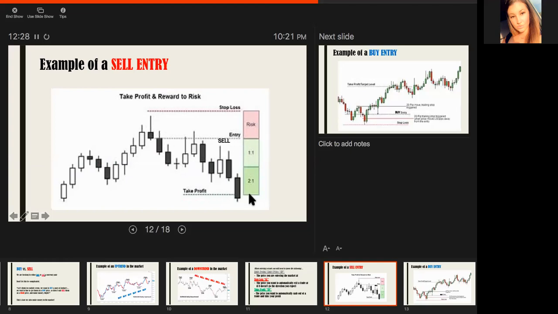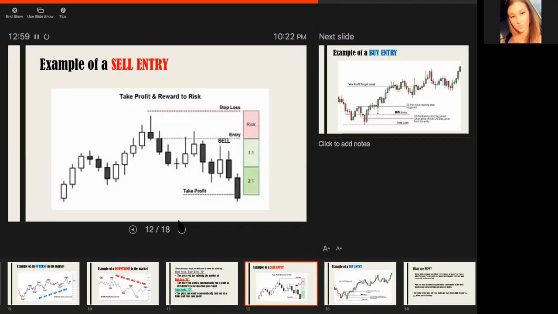So our take profit is going to be down here, and then we're going to set our stop loss behind it. So if we enter right here and we say, okay, if price continues to go up, I'm going to be taken out right here. So I'm only going to lose this $5 if it doesn't go in the direction we expect. If it goes down here and hits my take profit, I'm going to make $20 or whatever you set it to be.